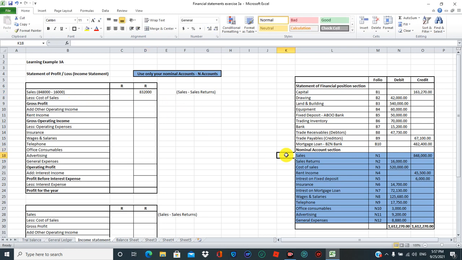Okay, we've used the sales returns. Now we have to less the cost of sales, and that's 520,123. Remember you have to minus them.